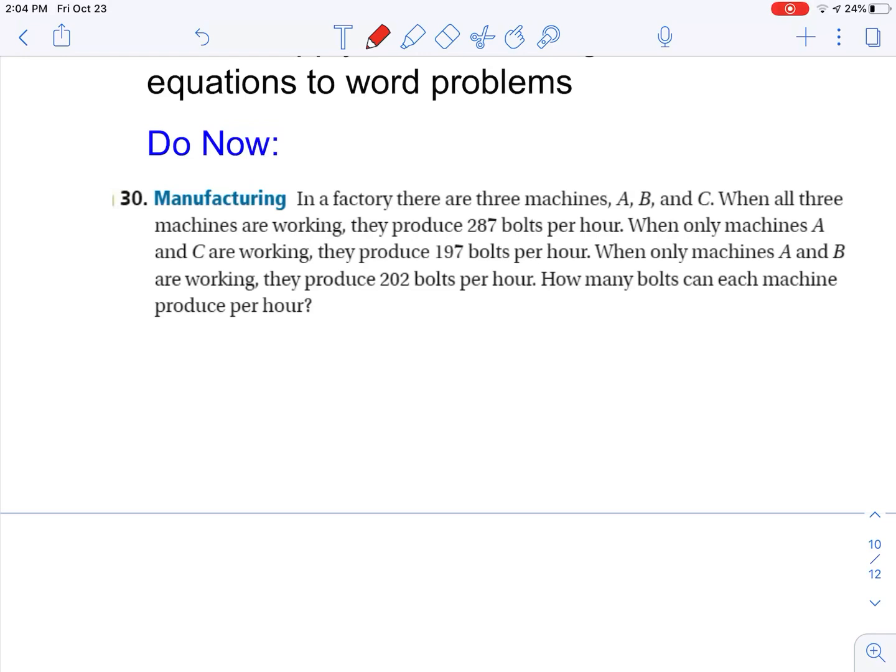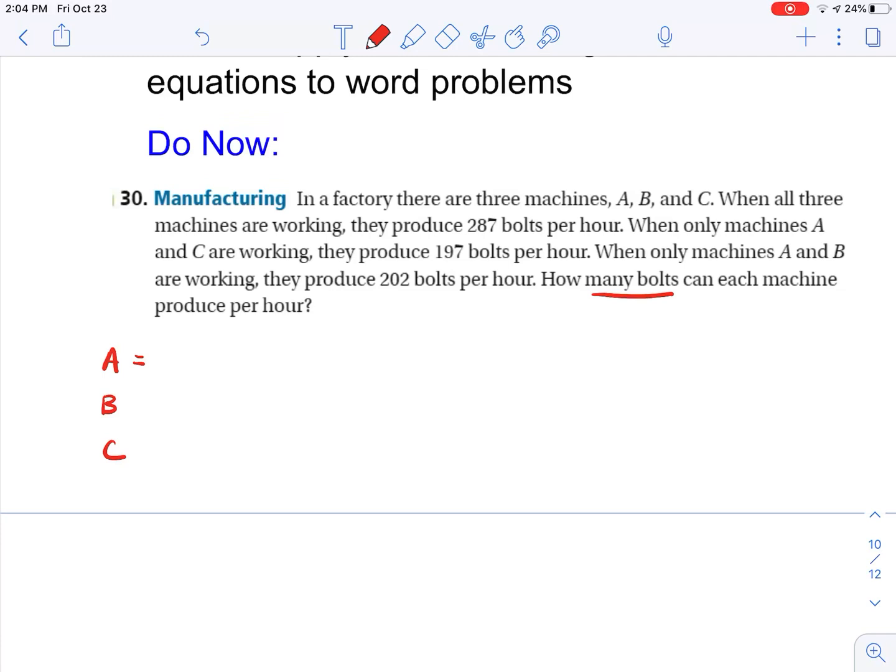So, to do this particular question, the first thing we need to do is address what our variables are, define them. So we know we have machine A, B, and C, but what is the question specifically asking about? Well, it's specifically asking about how many bolts each machine can make.